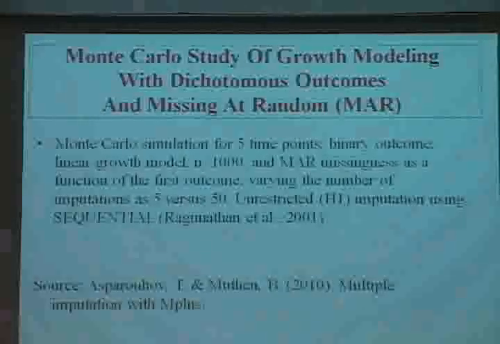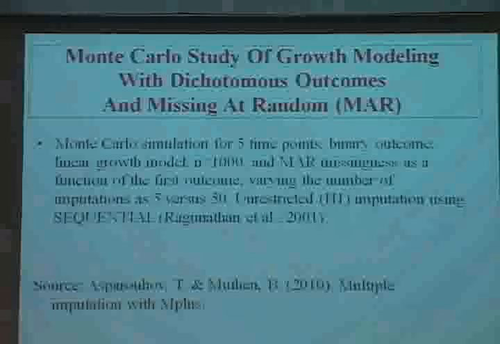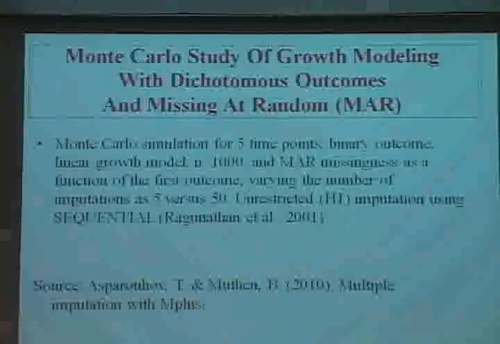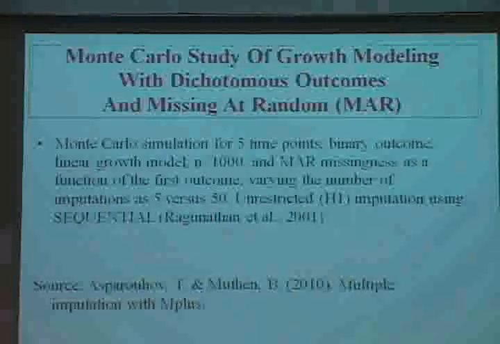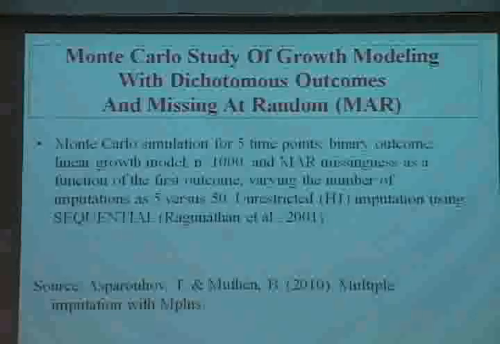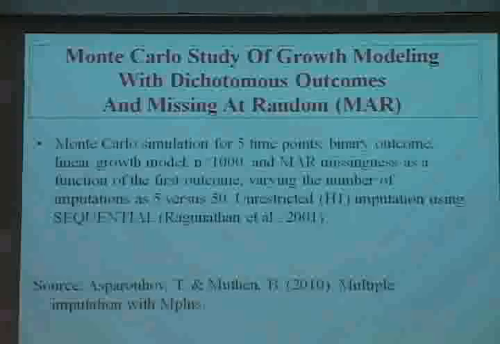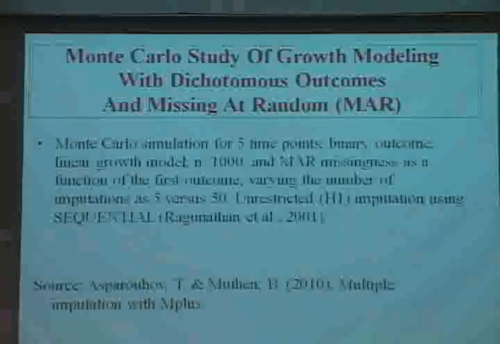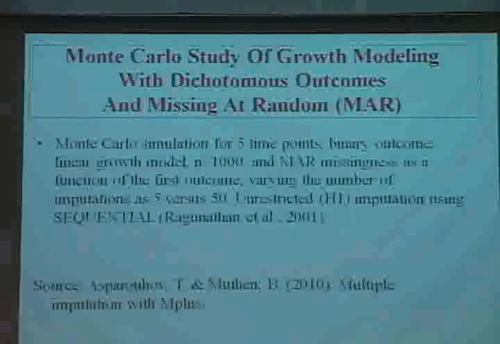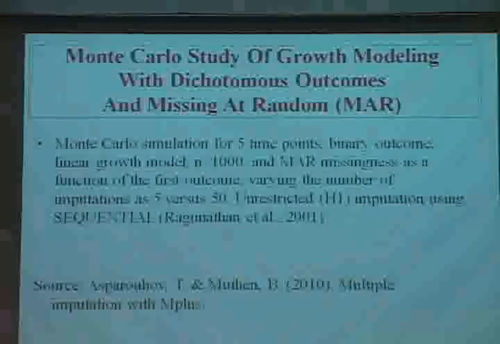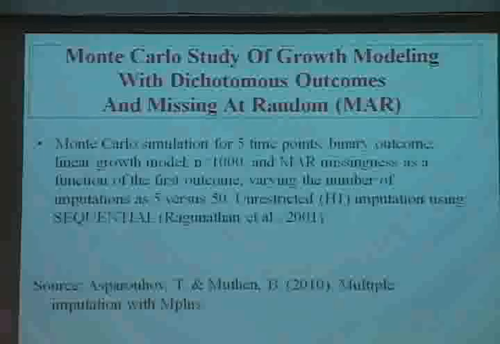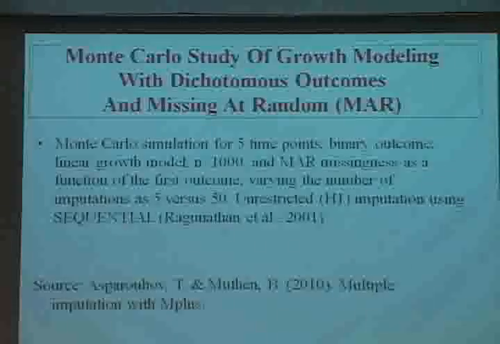Actually, can I ask you another question? Who has used the model missing in Mplus? You know what model missing is? That's a very useful thing to know and play with, because I think it will let you understand what exactly MAR means. Model missing tells you how to generate missing data.